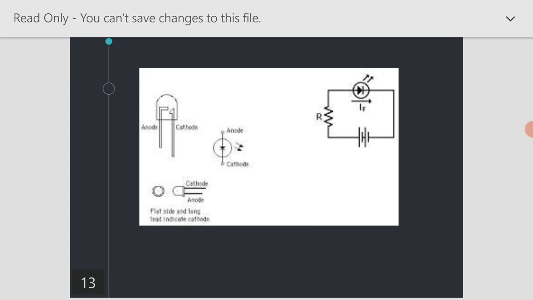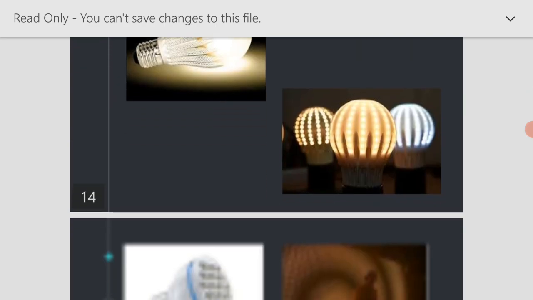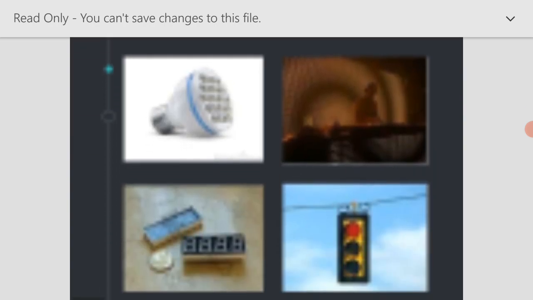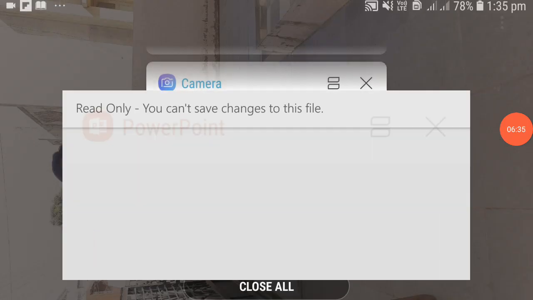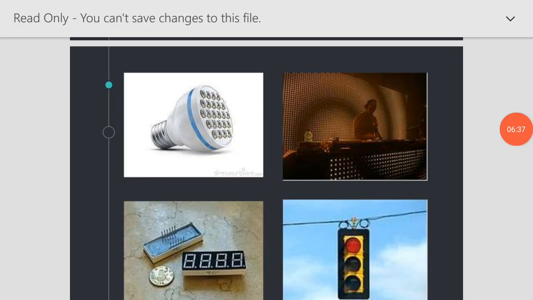The LED has a resistance at its input, and the external battery is connected to the resistance. These are the different LEDs. Examples are as shown in a slide. Here are some of the examples.